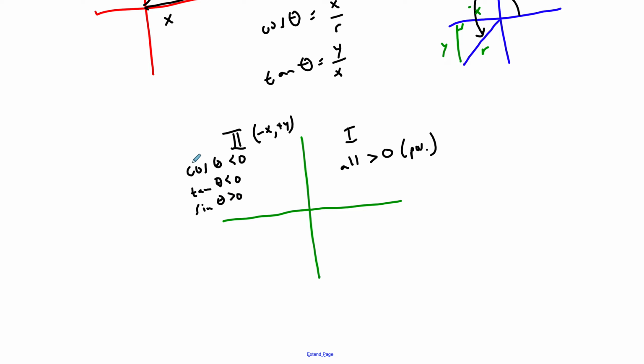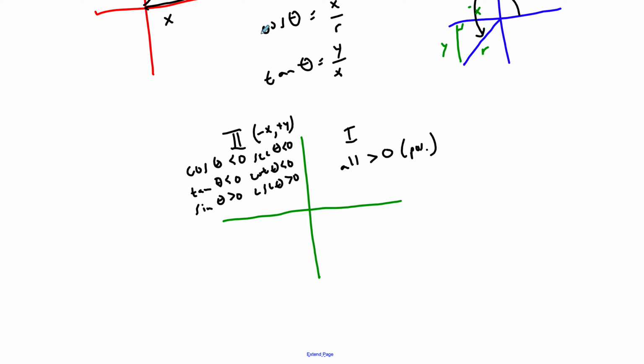Okay. By the way, this means any reciprocal identities. So like the secant is also going to be less than 0, and the cotangent is going to be, of course, less than 0. And let's see, I can remember this, cosecant would be greater than 0.